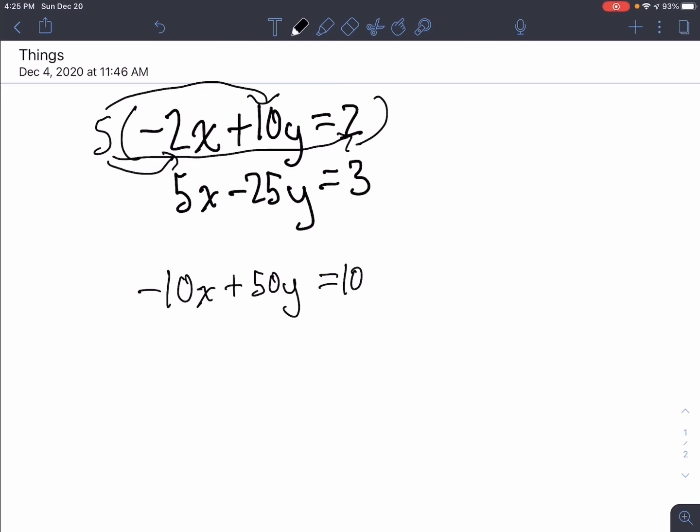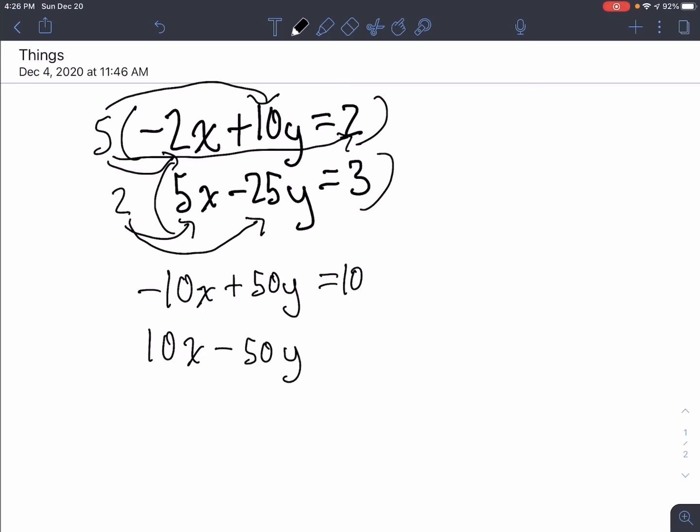Then we multiply the second equation by 2: 2 times 5 is 10x, 2 times negative 25y is negative 50y, and 2 times 3 is 6. Now we have inverses of each other, negative 10x and 10x.